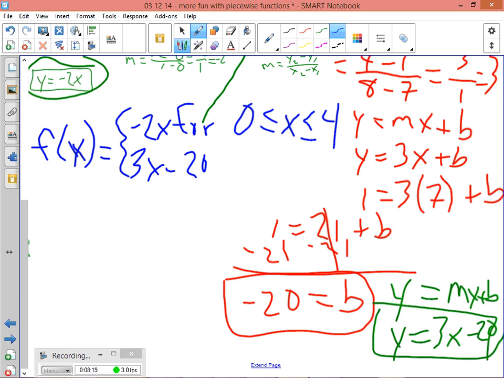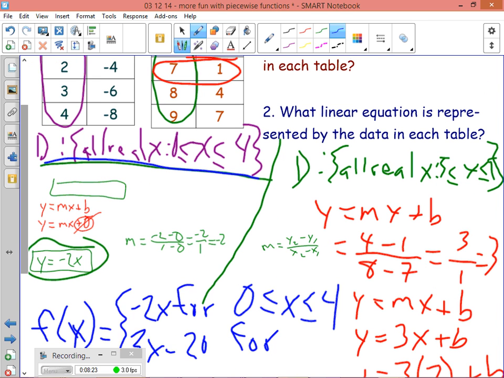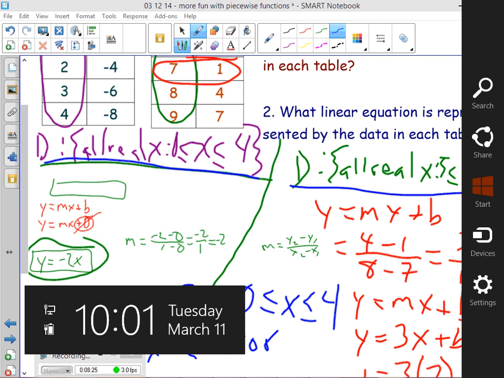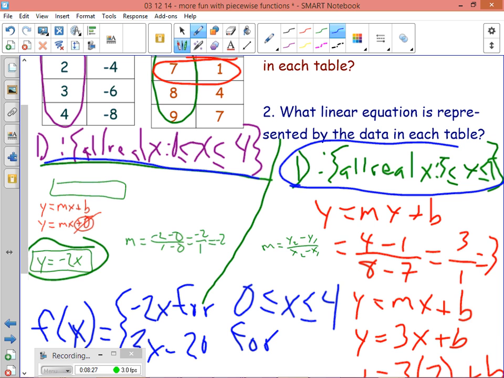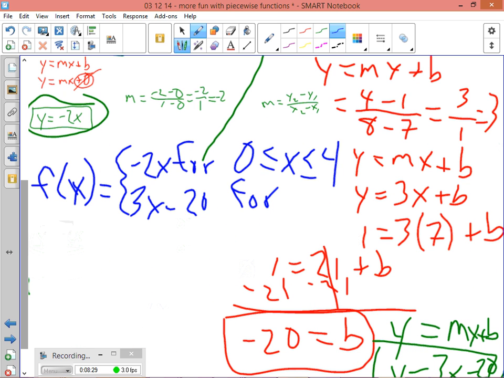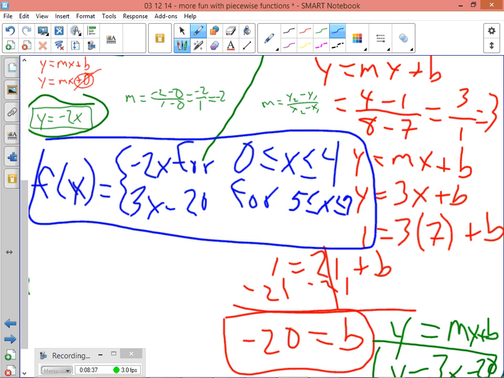And that's going to be for my second domain, the domain of this second table, which is all real x between 5 and 9. So for 5 less than or equal to x less than or equal to 9, and I'm done. That is the way that you can go from a table to your piecewise function.